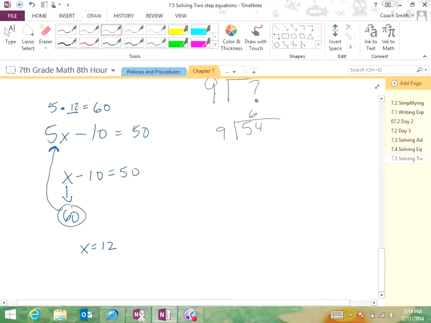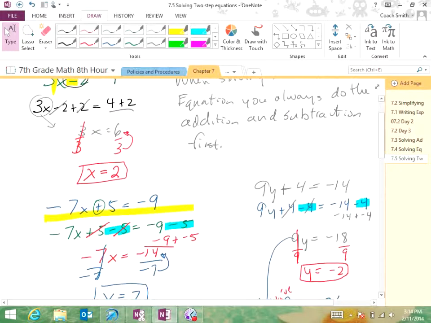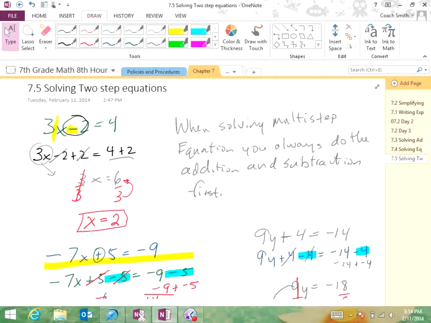And that's all you're doing in your mind. I can do that on all of these. It's a little bit more difficult when it's a negative. But for example, on this one up here, 3x minus 2 equals 4. So what we're saying is, what would x minus 2 equal 4? What would x have to be to subtract 2 from it and get 4?